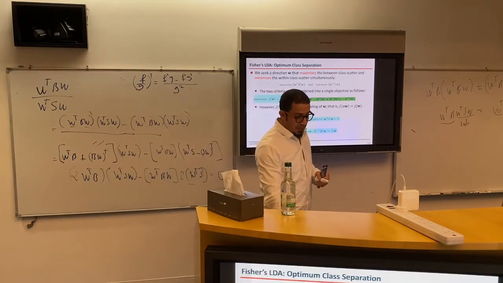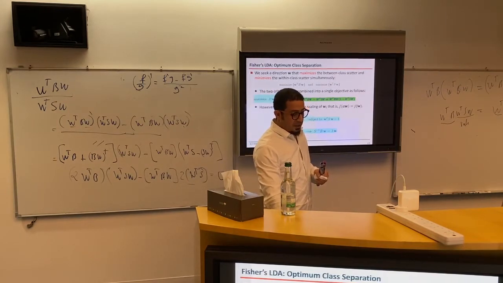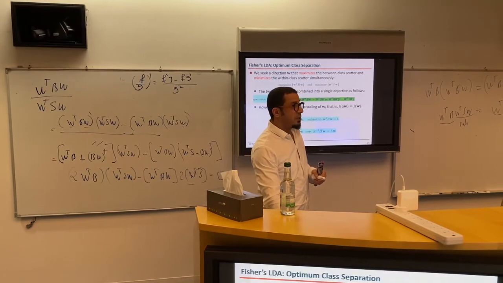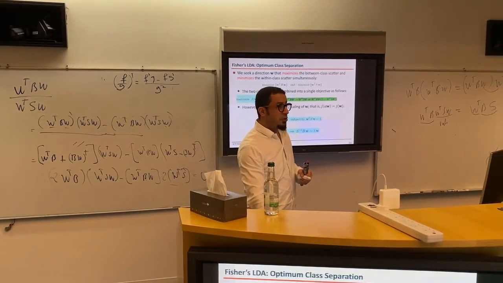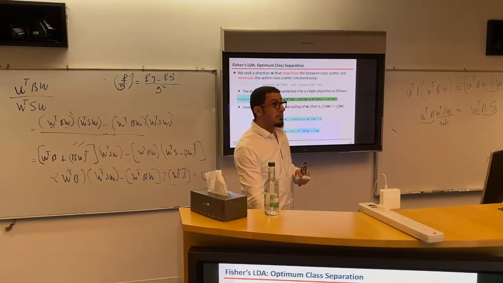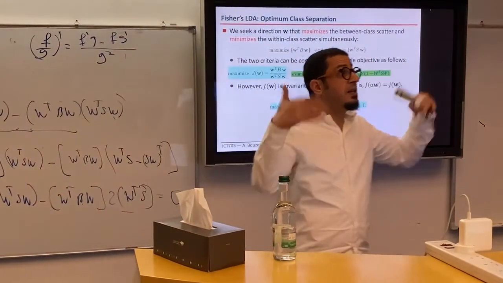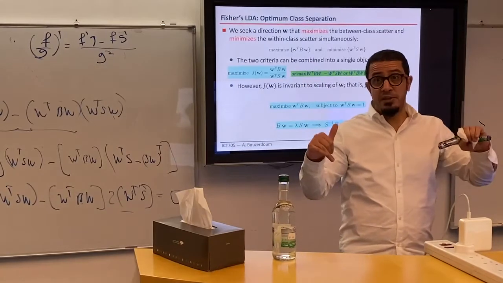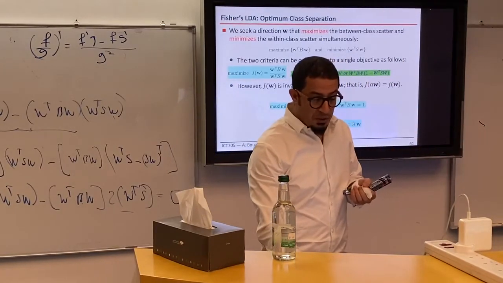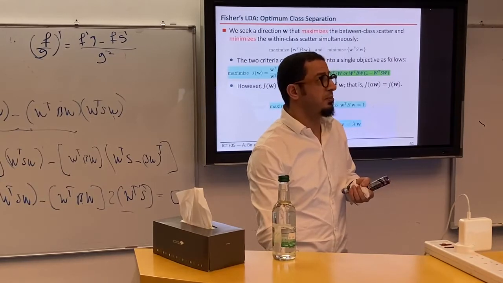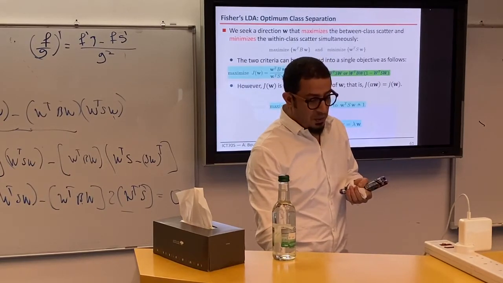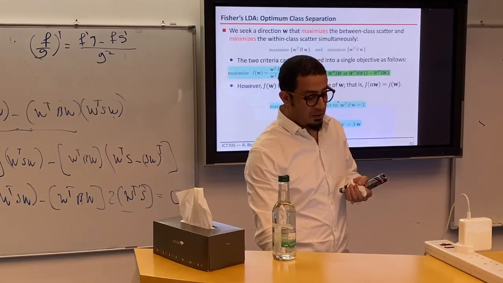Look here, please. We notice we're looking for W. You put W or you put alpha W, the ratio is still the same, because alpha and alpha will be simplified from numerator to denominator. So here we try to use W of any length in order to force this one to be 1. To force this one equal to 1 means subject to this one.